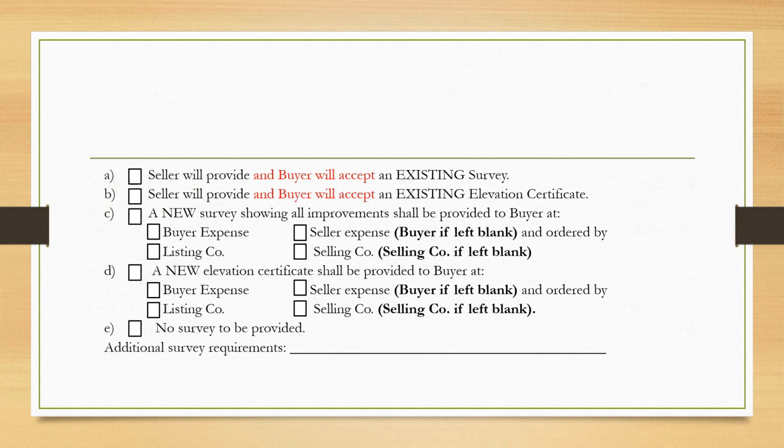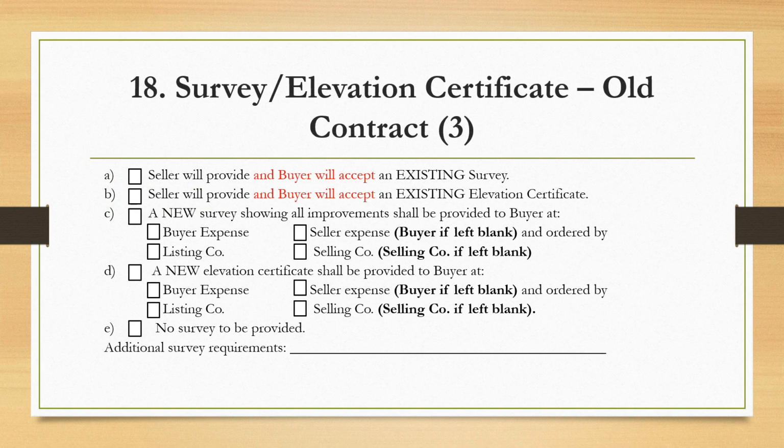So the question was raised that these choices A and B, where it says seller will provide and buyer will accept an existing survey, or seller will provide and buyer will accept an existing elevation certificate, might be confused for actually accepting the content or accepting what the survey or elevation certificate shows, which was not our intent. The intent was just to say that the buyer is okay with being provided with an existing survey for their review.